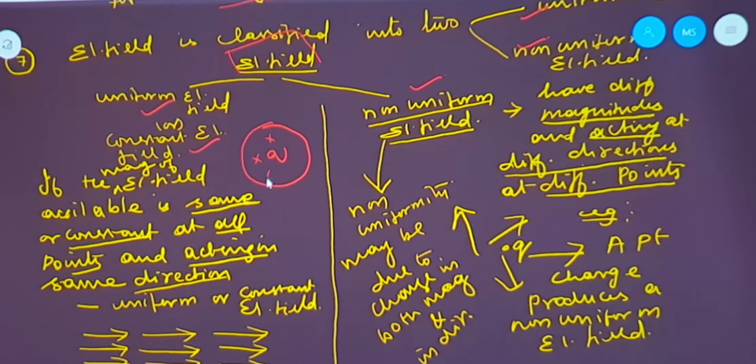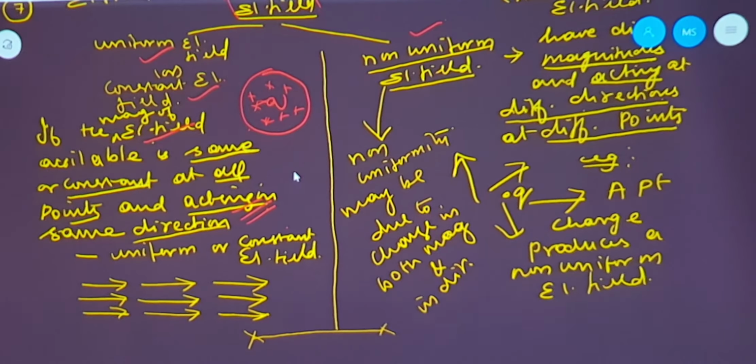You consider any point in that field, and at all these different points the magnitude of the electrical field is the same, and all the electrical fields act in the same direction. Then we call it a uniform electrical field, or constant electrical field, and it is usually represented by drawing parallel lines with arrowheads along the same direction.